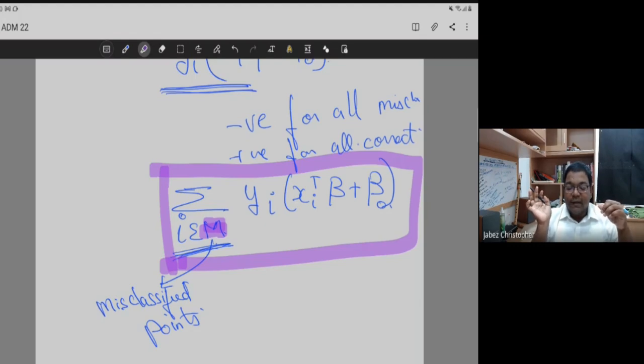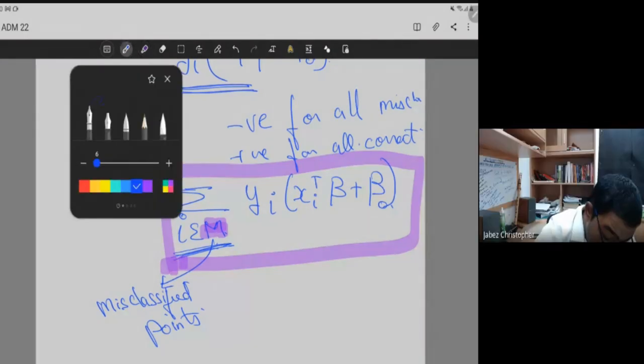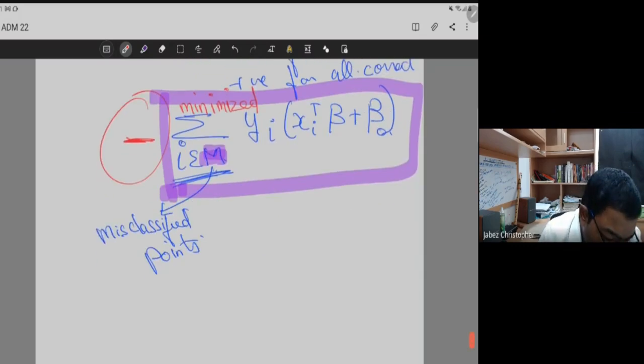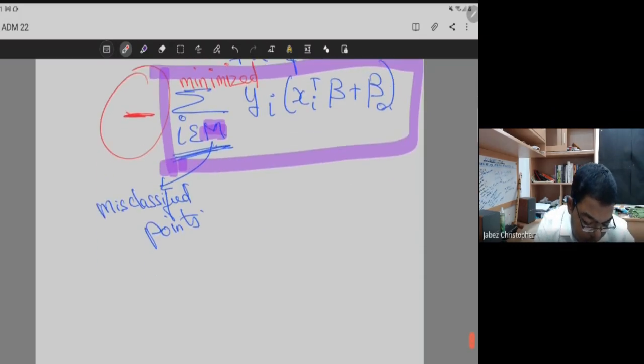And this is the distance between the line and the misclassified points. So I want this value to be minimal. I need to minimize this entire quantity. So when will this entity be minimal?